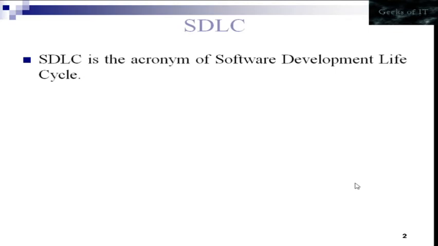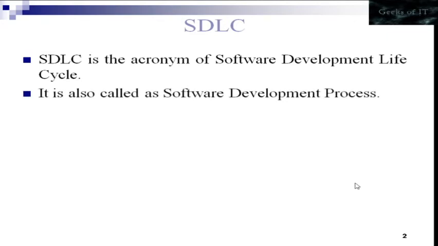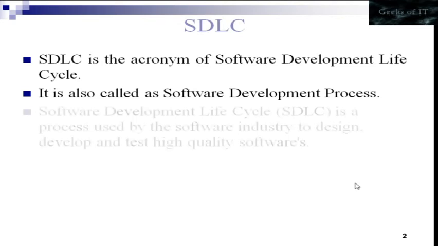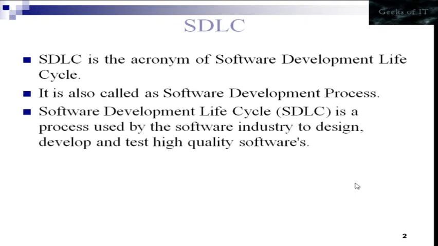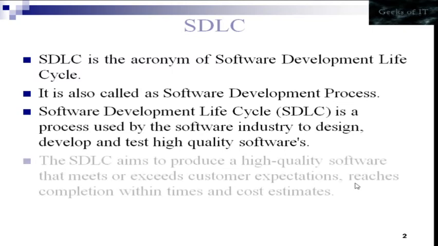System development life cycle, or SDLC, is an abbreviation of System Development Life Cycle. It is also called Software Development Process. A software development life cycle or software development process is a process that is used by the software industry to design, develop, and test high quality software.